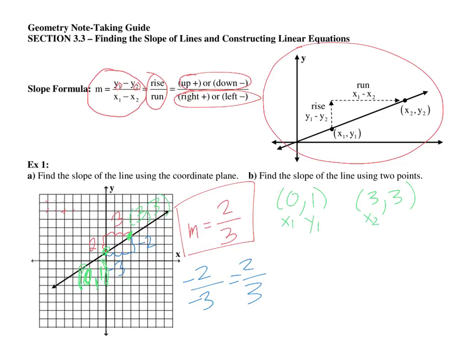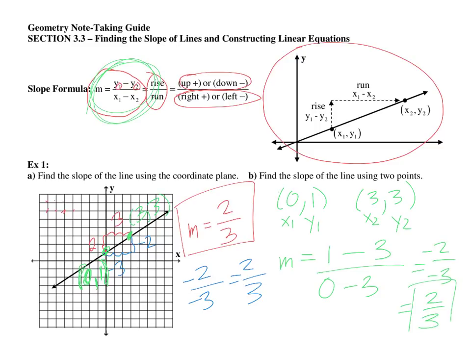This is my x2, y2. Using the formula above, I have 1 minus 3 over 0 minus 3. So I end up with negative 2 over negative 3, and I get 2/3. Done. Let's do some more examples.